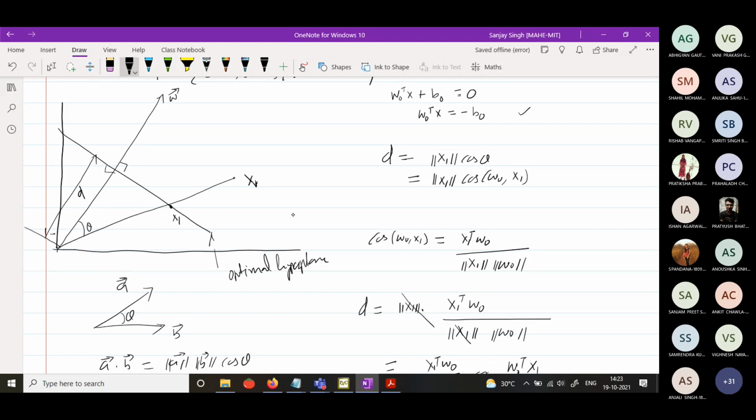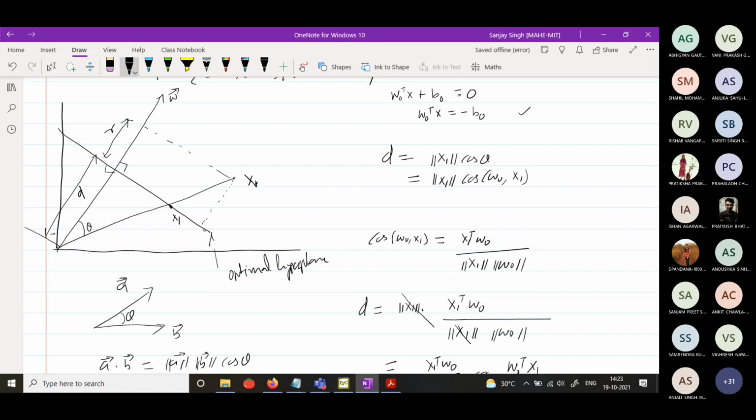Now if that is the case, I can drop a perpendicular on this line, right? And let me call this particular distance r.